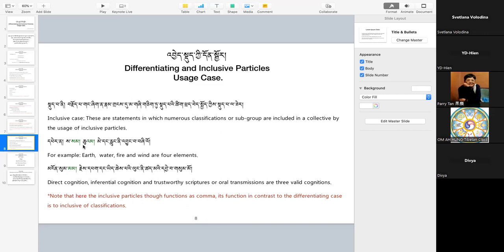If we have more than one classification, but if there are two, then we see that it functions as another conjunction, that is the or, providing an option, and inferentially we understand that there are two individuals. In that case, we don't need to use the punctuation.